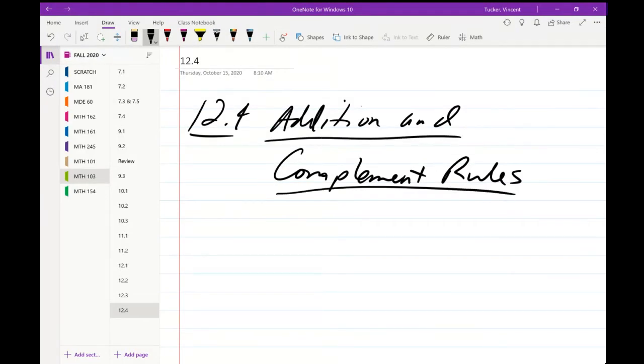All right, so 12.4 is the addition and complement rules. All right, starts off talking about mutually exclusive events.